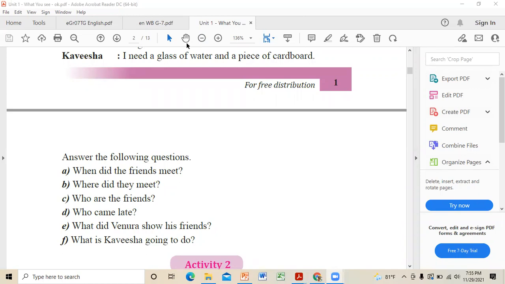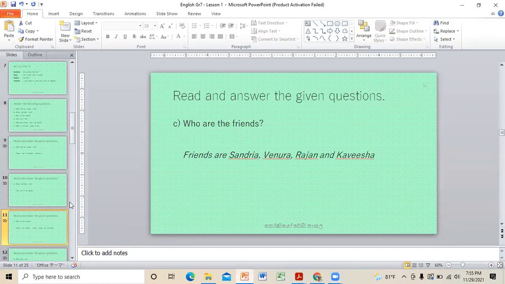Yes. Rajan, Venuga, Sandria, Kavisha are the friends. Right, good. Okay, so we will move on to the third question. Who are the friends? So what do we mean by the word who? We are asking who are the people or who are the persons in this conversation.